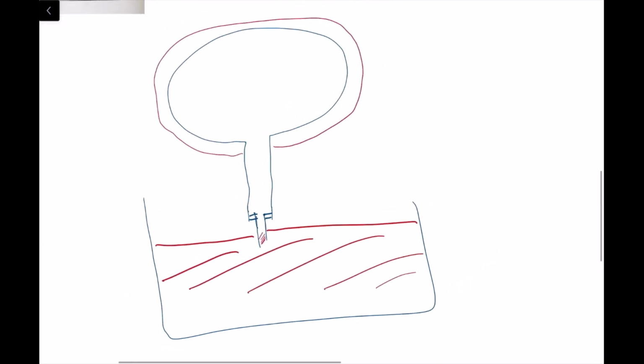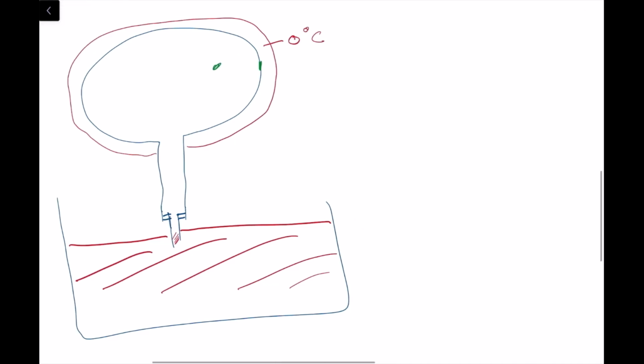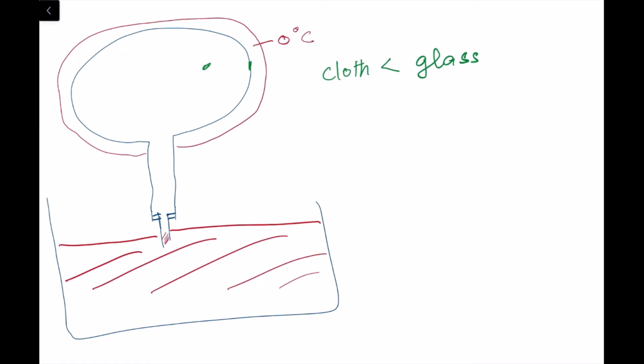So the cloth is at the temperature of 0 degrees Celsius, and over here the glass surface and the gas are at a warmer temperature. So the temperature of the cloth is lesser than the temperature of the glass.